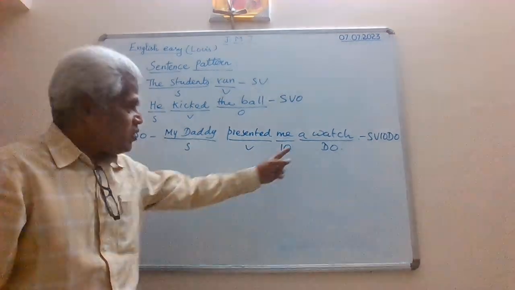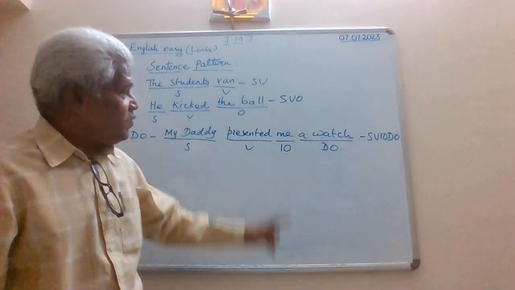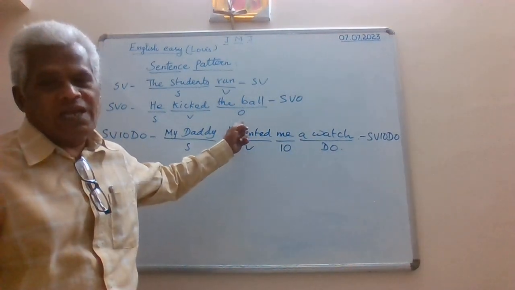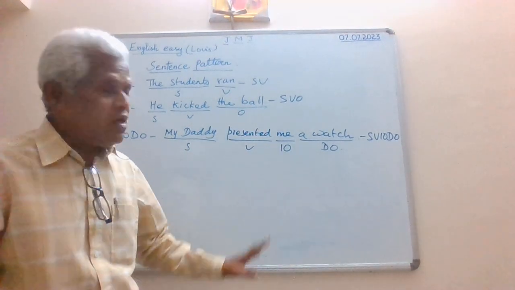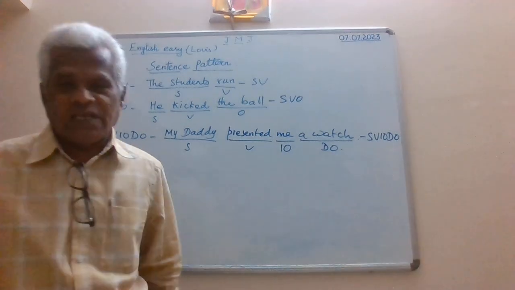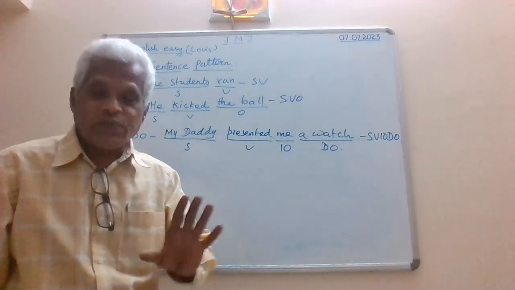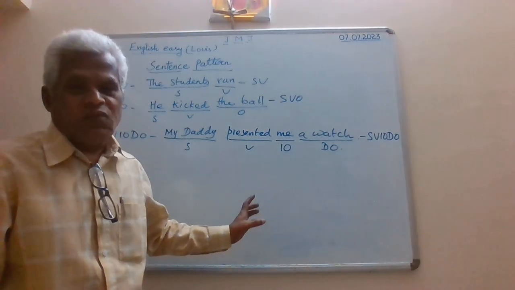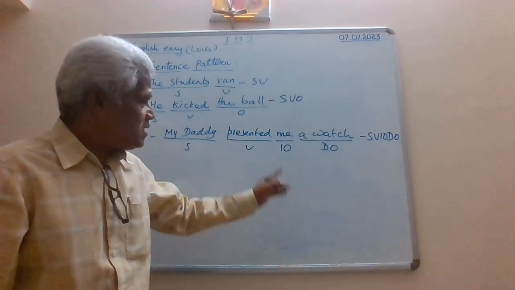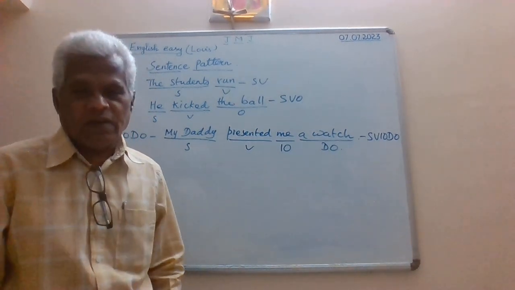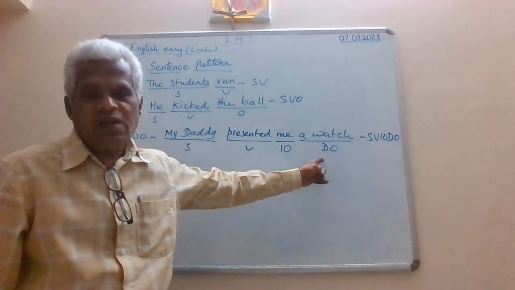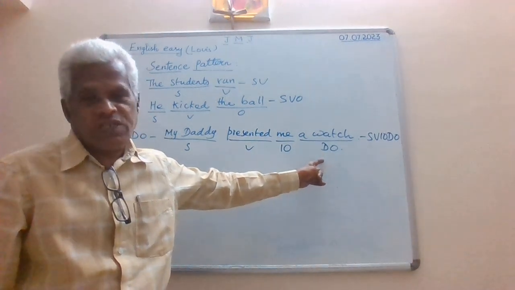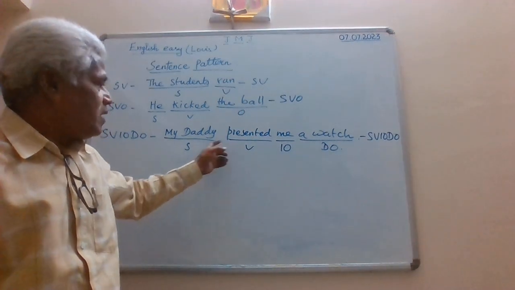Now what is IO and what is DO? If you have only one object, you don't have to write that it is a direct object. It does not matter, so you don't have to worry about that. But when you have 2 objects in a sentence, you must be able to identify what is IO and what is DO. I told you a direct object will be the answer to the question what on the verb given in the sentence.